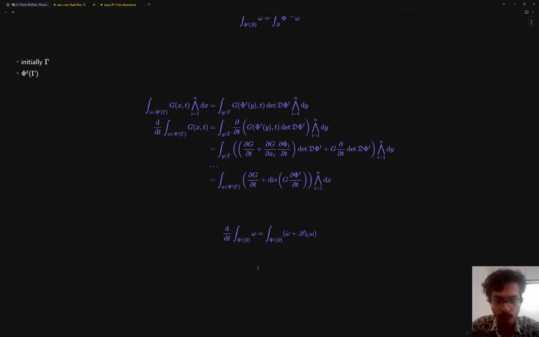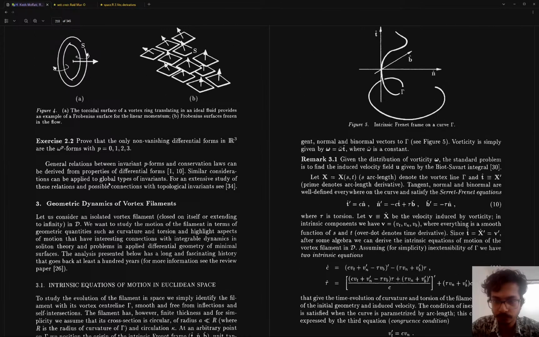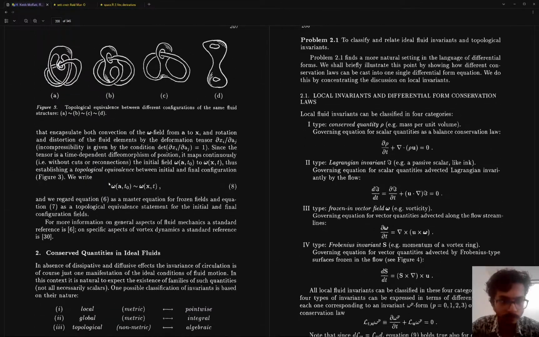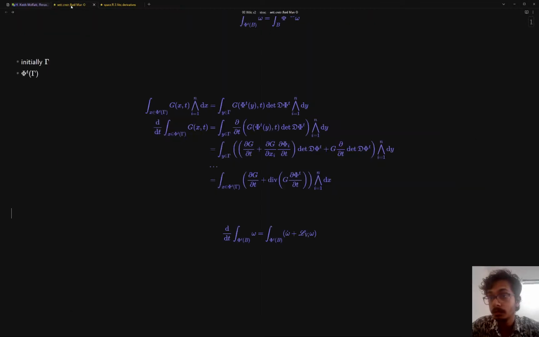So what else? Yeah, this is a nice unification in terms of differential forms. Oh yeah, okay, I got it. The frozen-in idea, I think, should be what the statement of the Helmholtz theorems is.